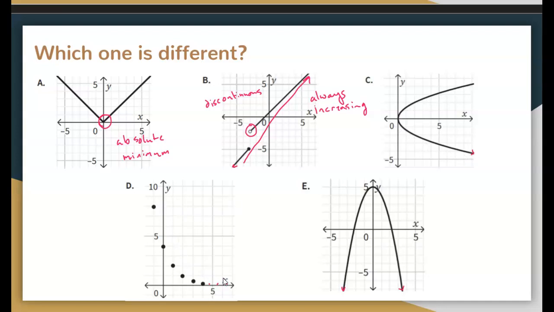This one is always decreasing, and this one is increasing and then decreasing. So B is the only graph that is always increasing. C is the only graph that is not a function. If we do the vertical line test, you'll see it passes through twice. So C is the only one that is not a function.